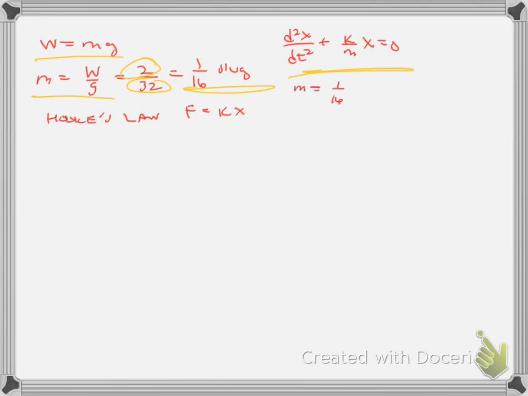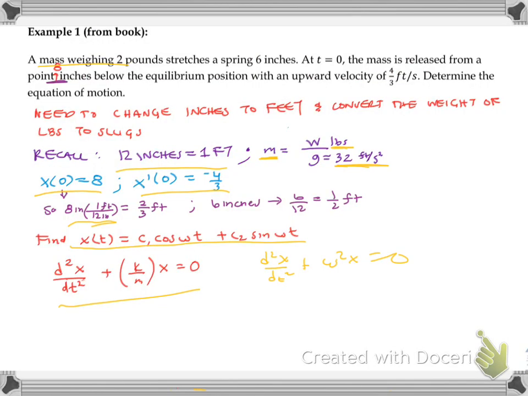So we need to find our k value in order to set up our differential equation so we can solve it. And so Hooke's law, we're going to use the one with the positive k because we're trying to find the spring constant. In order to do that, we were given the fact that a mass weighing 2 pounds stretches a spring 6 inches. So that's our setup in this first sentence here.